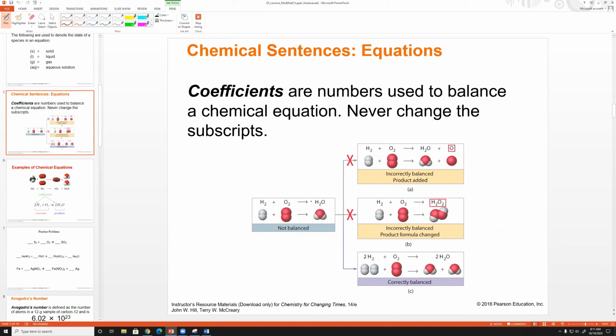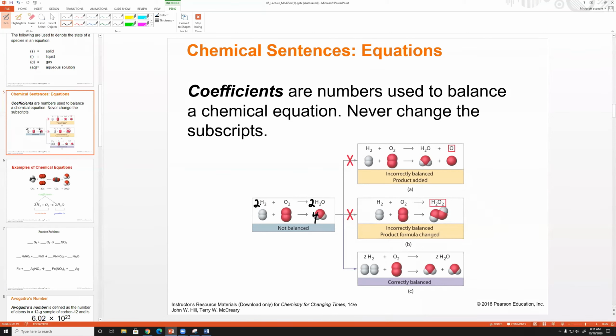To make that equal, you have to put a 2 in front of the H2O. Now this changes the number of hydrogens. So now how many hydrogens do we have? 2 times the H2, which is 4. So we need to make this H2 equal 4 hydrogens. We can put a 2 in the front, and then we're all done.